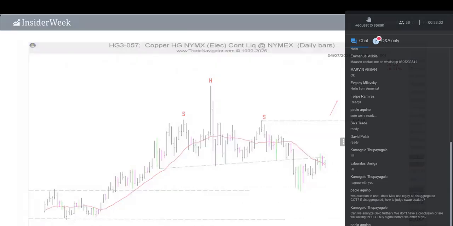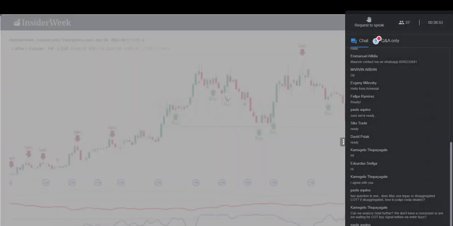Then a correction, and we saw also a strong market yesterday. And if the price goes over the right shoulder here, this market would be very interesting for me for a long trade. I have this market on the watch list here.